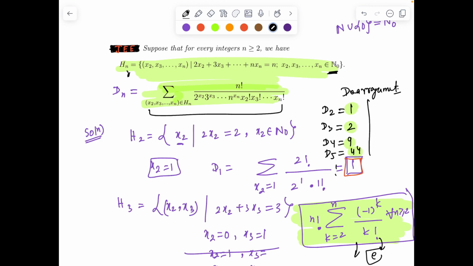Like the fraction of arrangements which got derranged is basically n factorial by e, almost 1 by e factor, which is quite close to 1/3, a little bit less than that, of the total arrangements of n objects will be derranged, destroyed arrangement, like none of the objects will be in its original configuration.